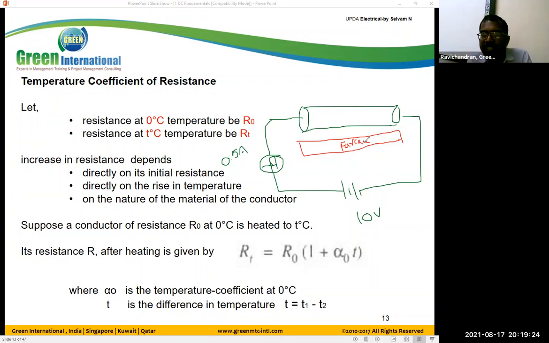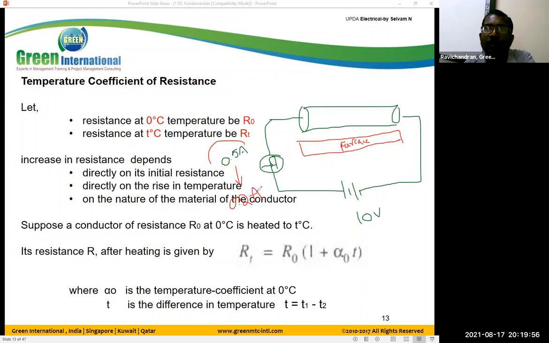At the same time I give 10 volts. As per Ohm's law, we should get only 0.5 amps. Now the temperature increases, so the current, which must be 0.5 amps for the 10 volts, is reduced to 0.2.